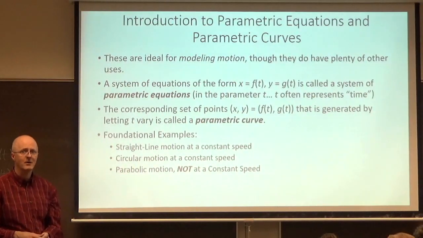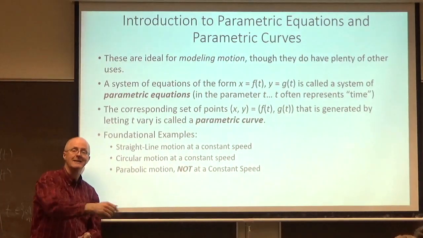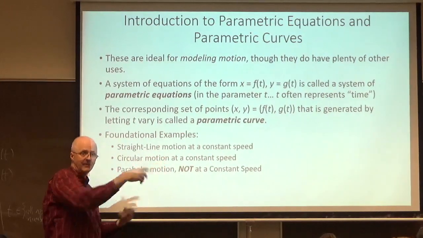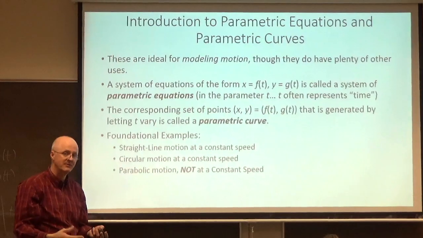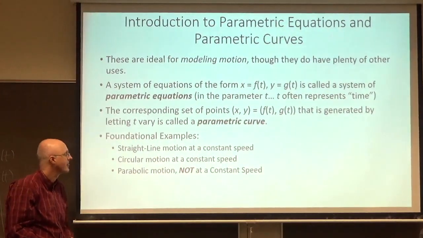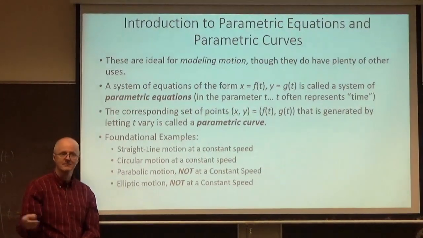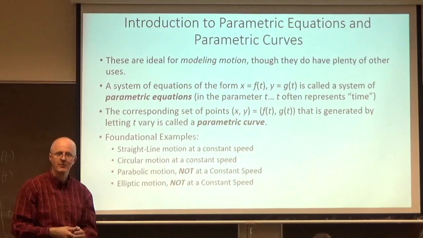Where would parabolic motion be useful? That's motion along a parabola. That would be useful for projectile motion, throwing the ball, if there were no air resistance, okay? Which is the simplest thing to assume first, even though it's not realistic. And finally, elliptic motion, motion along an ellipse, also not at a constant speed. These are some applications we're going to do on Friday.